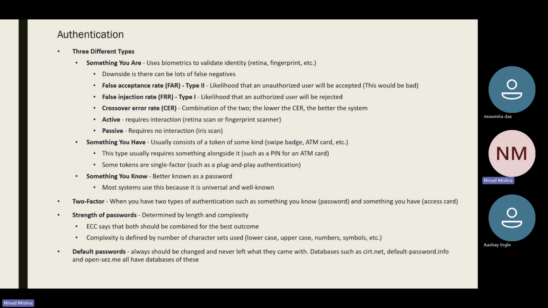And something you know is obvious, of course, your password. Now it is very important to have two-factor authentication. You must have heard about MFA, multi-factor authentication. Let's say you're ordering from Amazon and you have entered the CVV number, and then once you place that order, an OTP will also come.